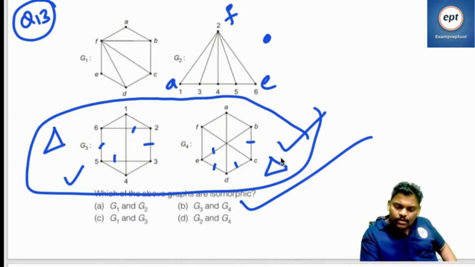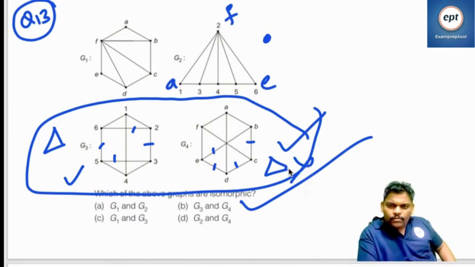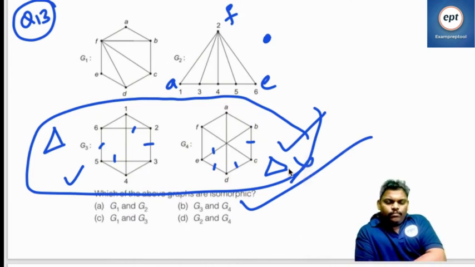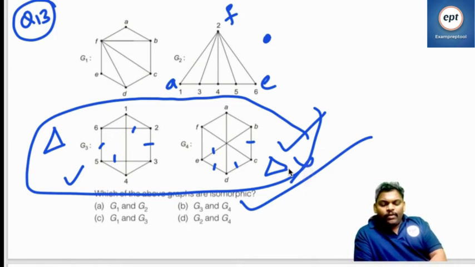G3 is having a triangle. G4 doesn't have a triangle.